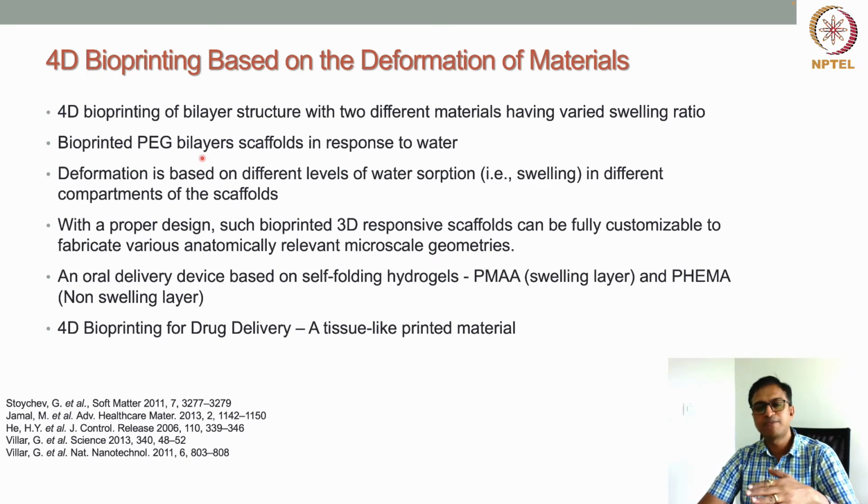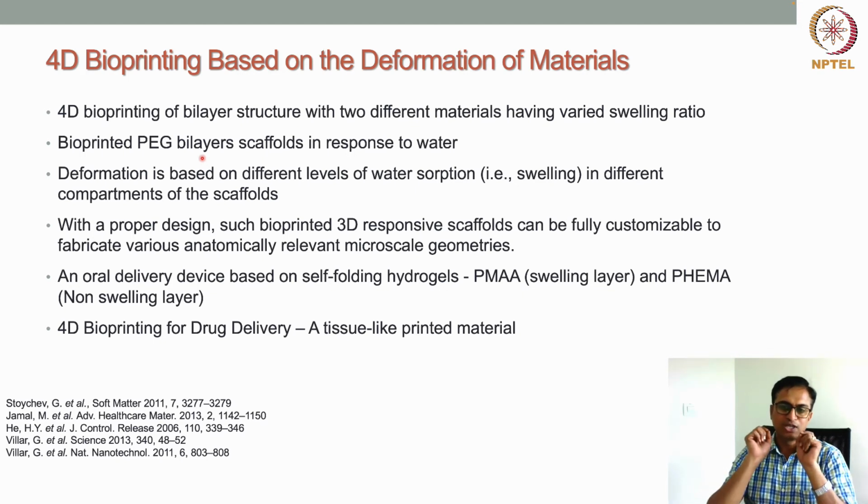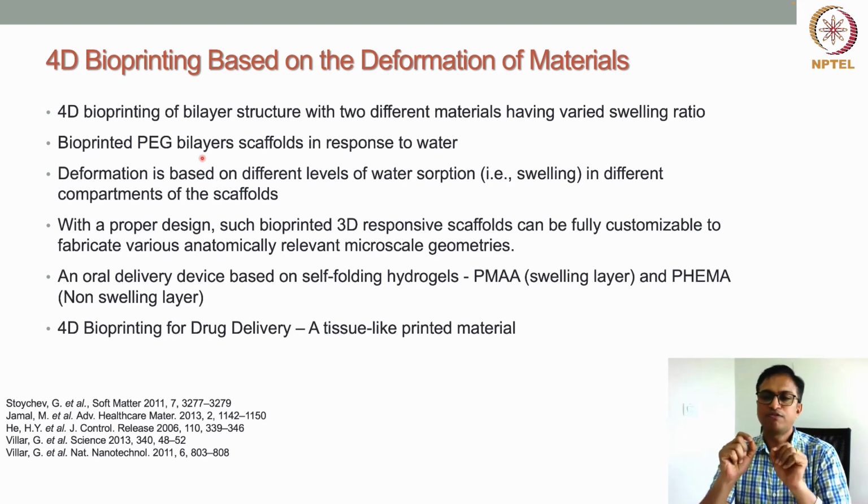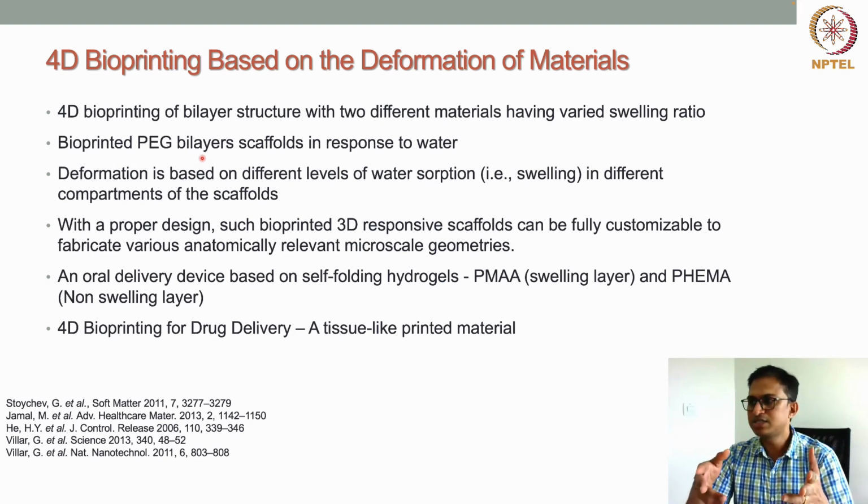We can also have one layer with high molecular weight PEG and another with low molecular weight PEG. The only clue is that we have to use two PEG materials of different swelling ratio. That can be because of a change in concentration, varied molecular weight, or varied cross-link density.